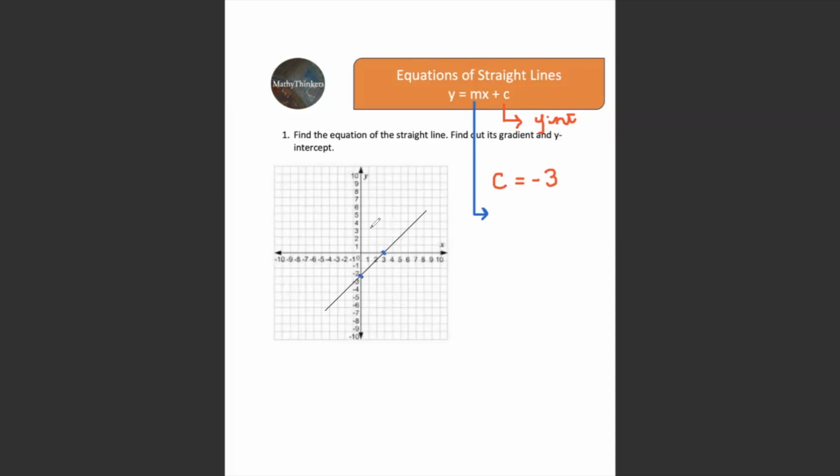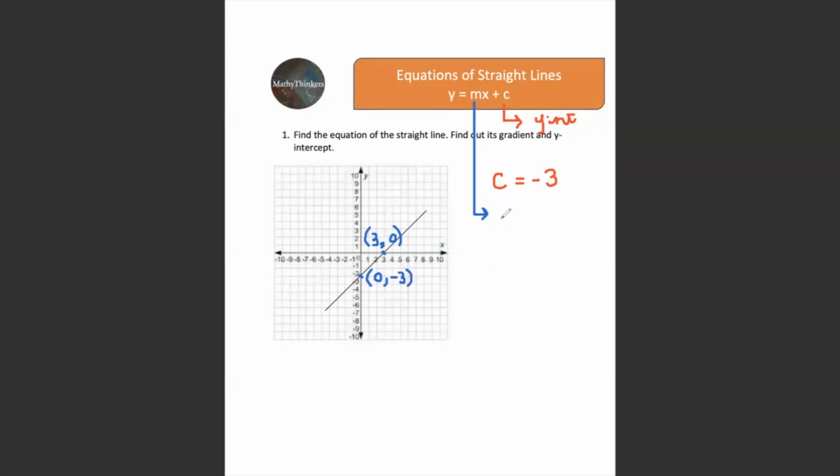The coordinates of this point will be 3, 0. We write the x first. The value along the x-axis is 3, and the value of y for this point is 0. So we write 3, 0. And the coordinates of this point will be 0, minus 3.